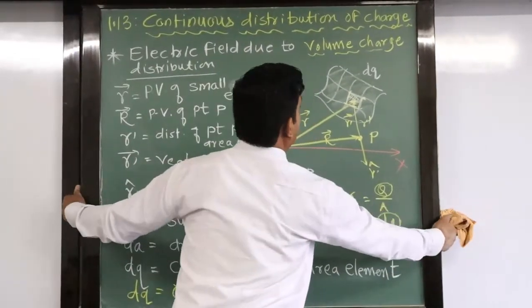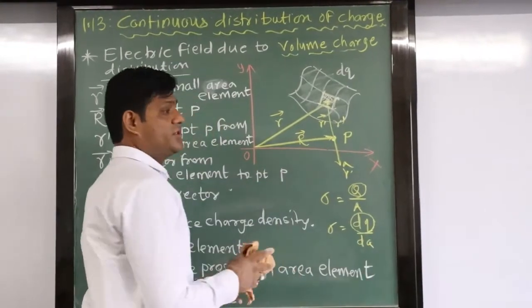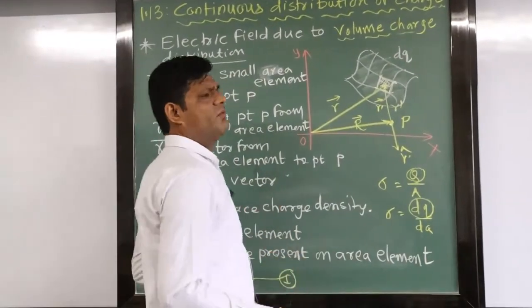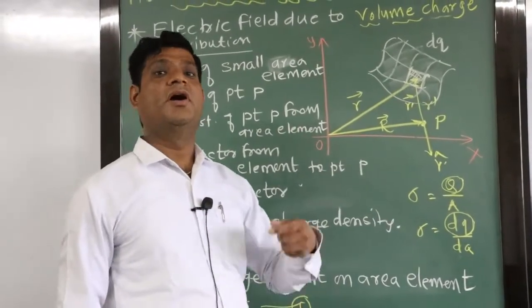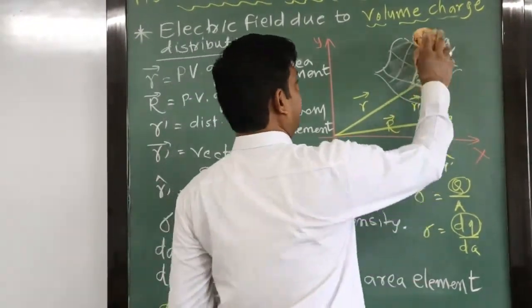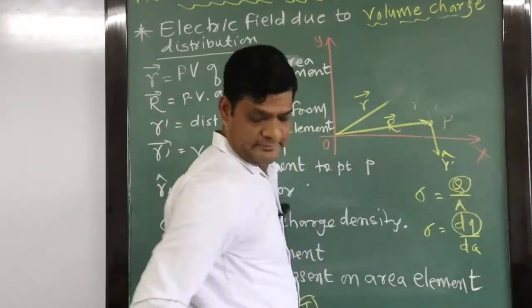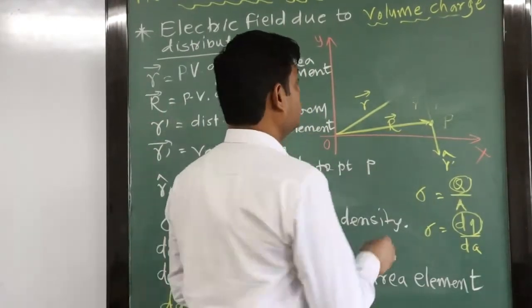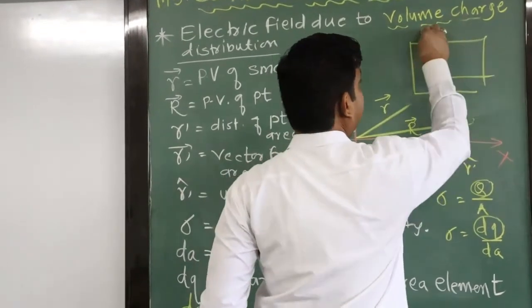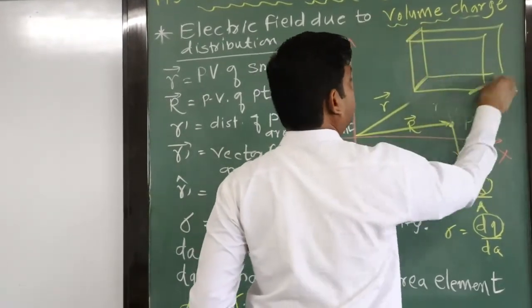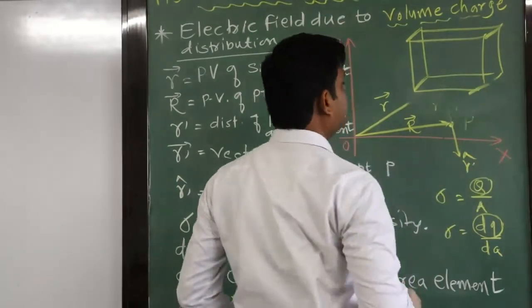See the diagram. For that purpose we have to consider a volume. Volume means you can take a sphere, a cube, right? That we can take. Suppose we consider over here one cube. This is a cube, right?